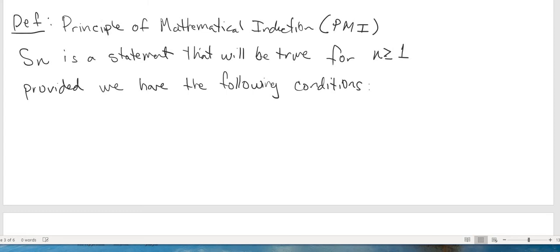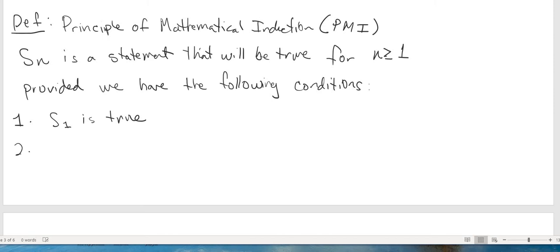Okay, so we need to have two conditions. Number one, S1 is true. So what does this mean? If you test the formula by plugging in the first number, it has to work. It has to be true.